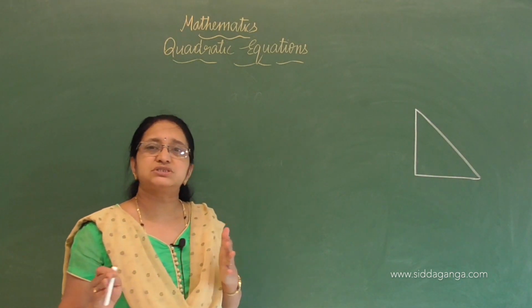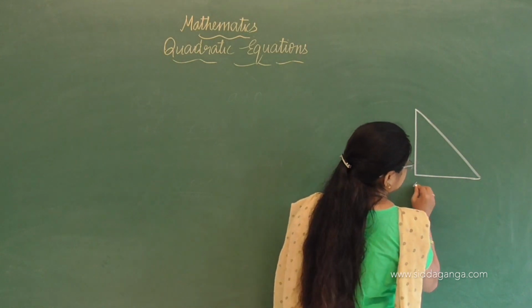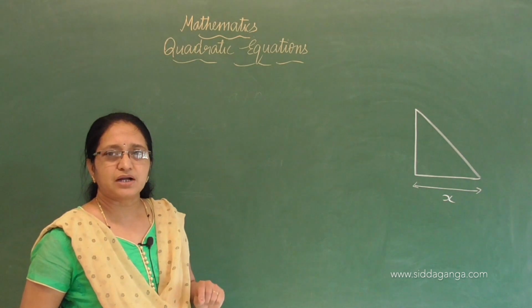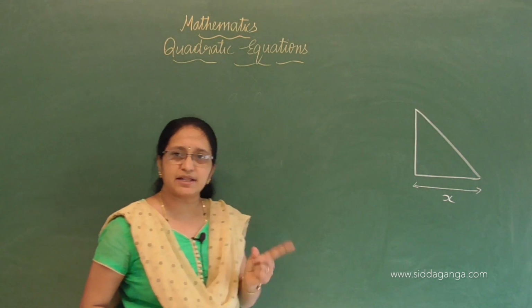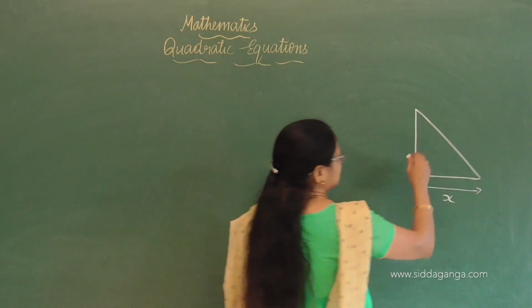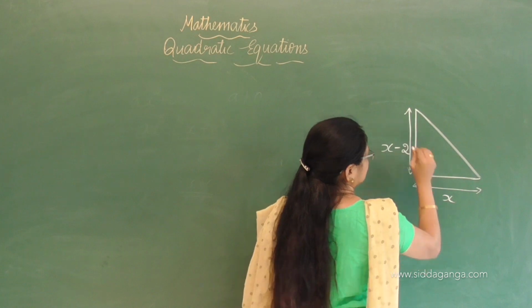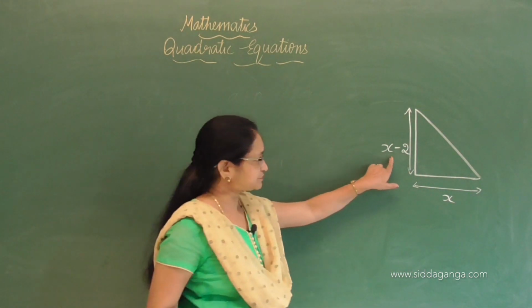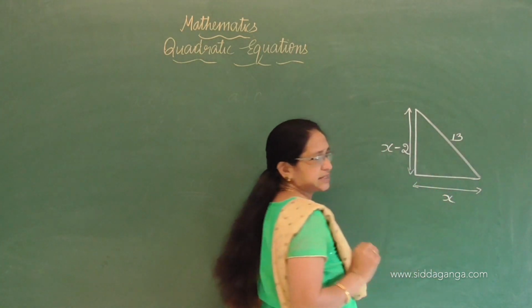In this situation, what will you take? Let x be the base. The height is 2 less than the base, so the height is x minus 2. And the hypotenuse is 13. This is an example.